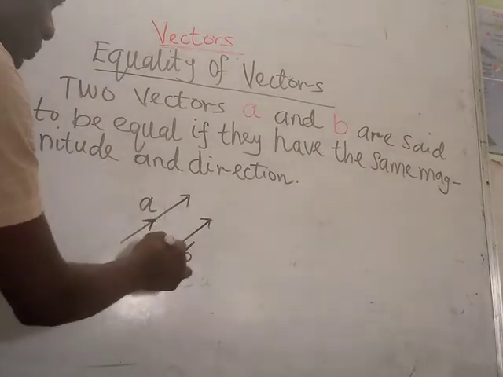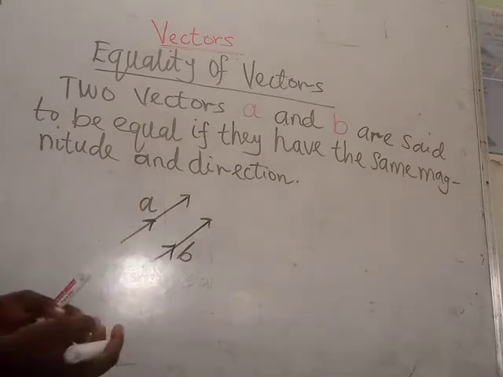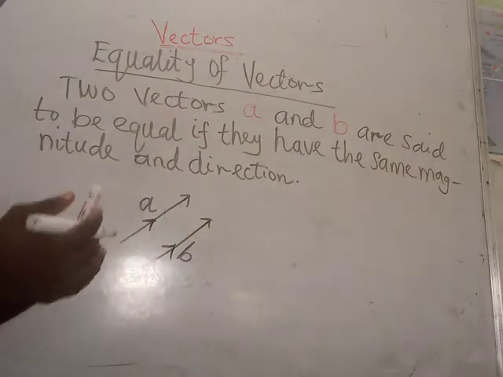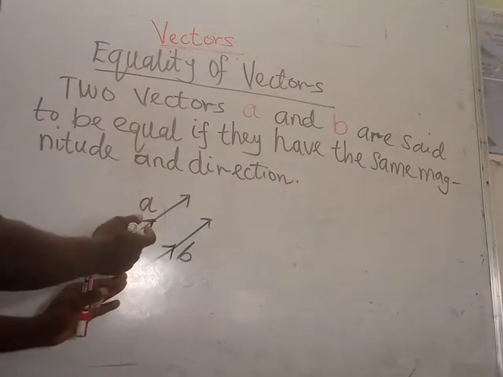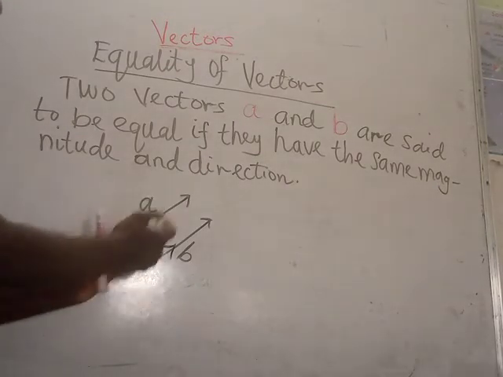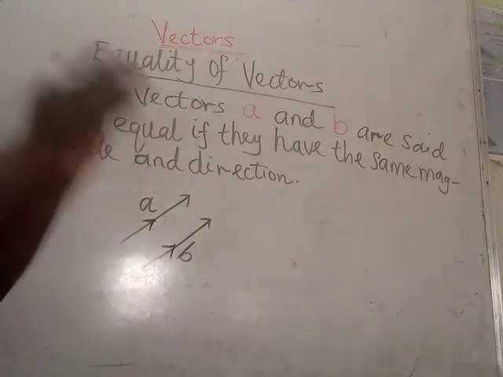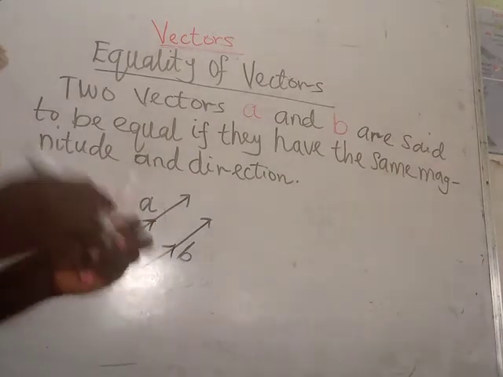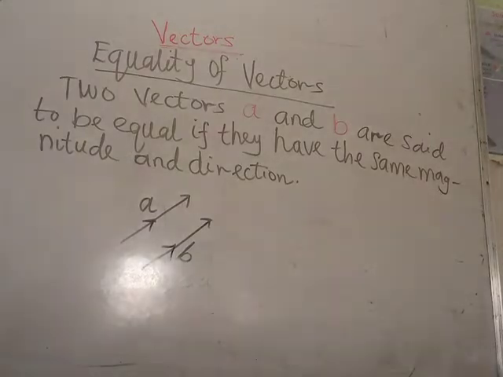You can see that this is parallel to this, and they have equal magnitude. Unlike negative vectors, which have the same magnitude but are opposite in direction. Here, we have two vectors having the same magnitude and the same direction. So these two vectors A and B are said to be equal vectors.